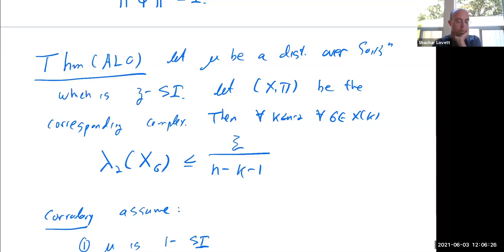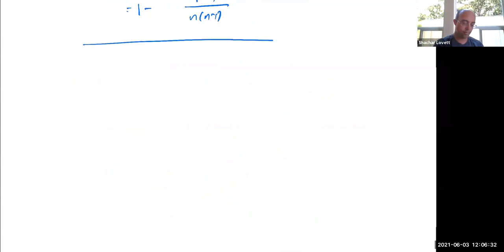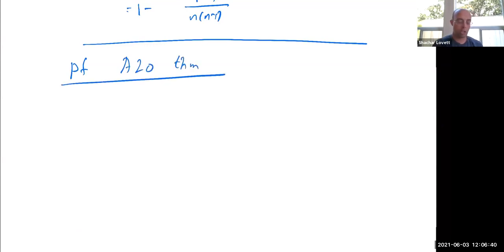Okay. So I want to at least skim the proof of the theorem. So I want to prove the ALO theorem. So first I want to just mention that actually it suffices to prove it just for the bottom level.